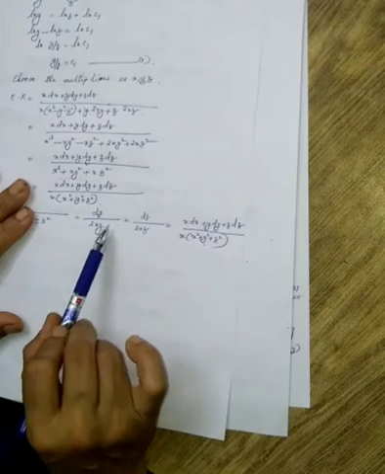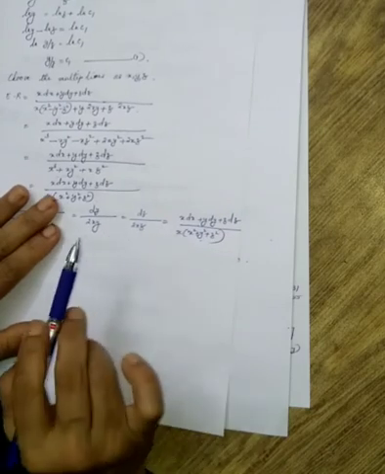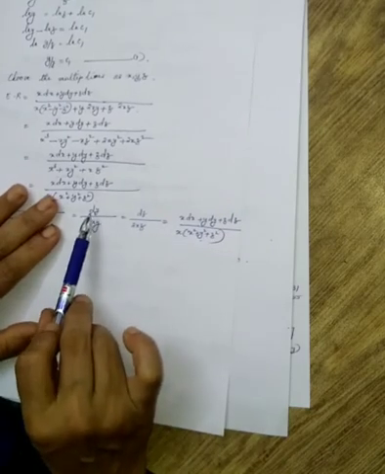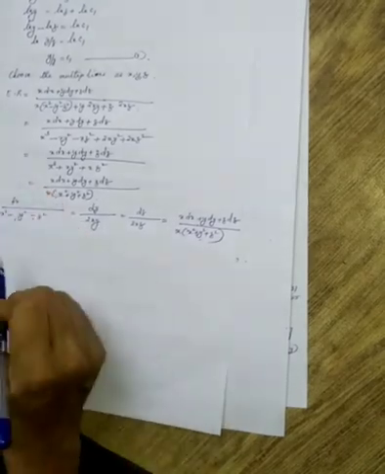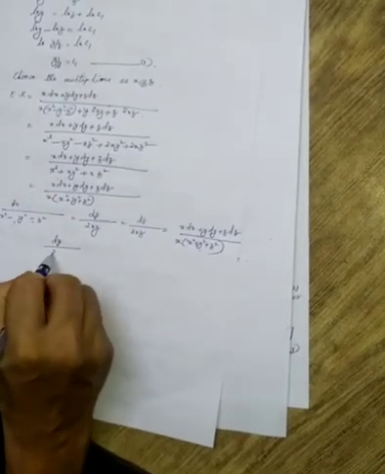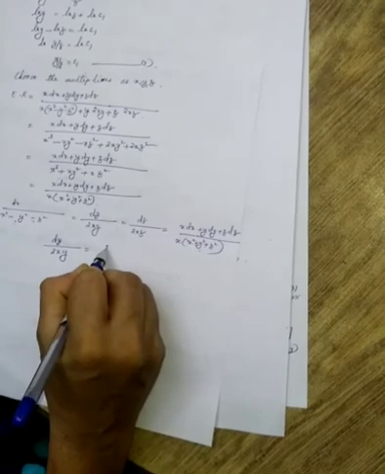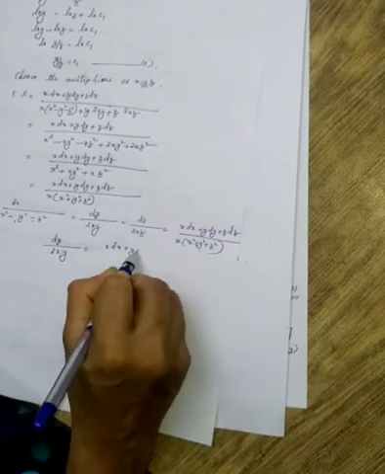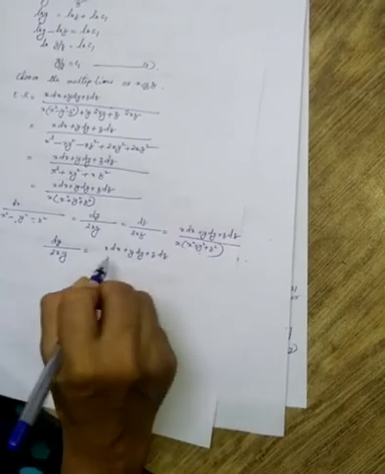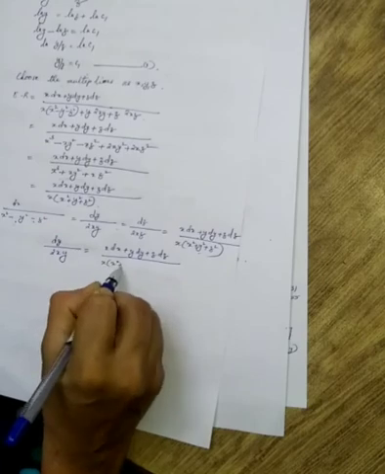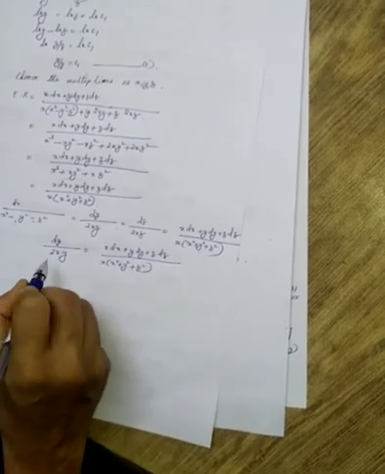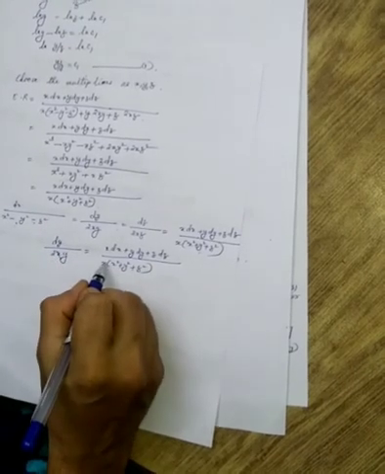So if we take any two of these possibilities, if we compare the second ratio and the last ratio, that is dy by 2xy equal to x dx plus y dy plus z dz by x into x square plus y square plus z square, we can cancel this x.